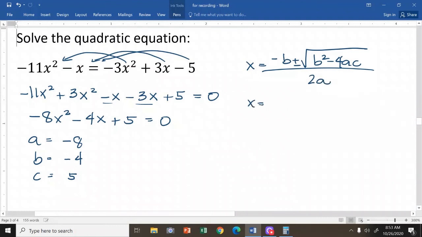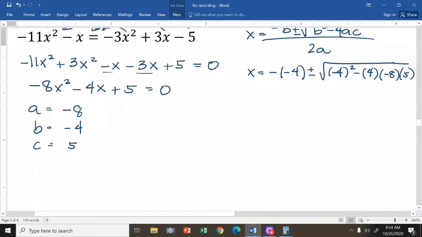Okay, so substitute na natin yung values. So, meron tayong negative of negative 4 plus minus square root of negative 4 squared minus 4 times a, negative 8. And then yung c natin is positive 5. So, lahat to is divided by 2 times a, which is negative 8.